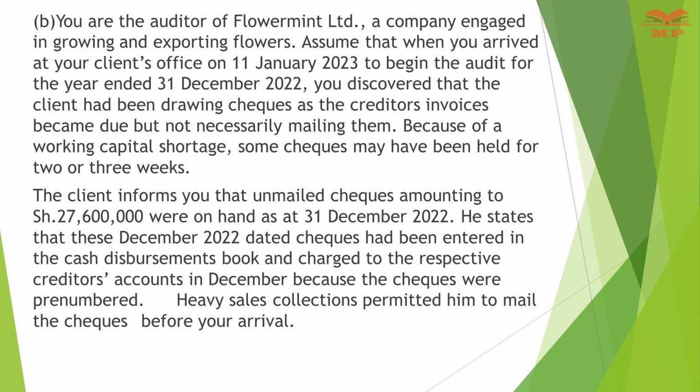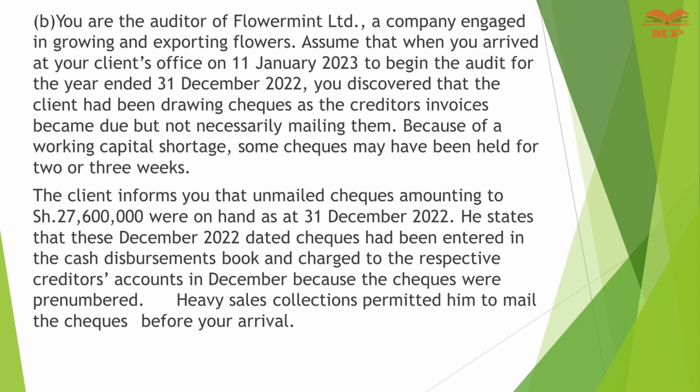You see that? When you go back a bit, we read that you discovered that the client had been drawing checks as the creditors' invoices became due, but not necessarily mailing them. So the checks had been drawn, but they had not been mailed.